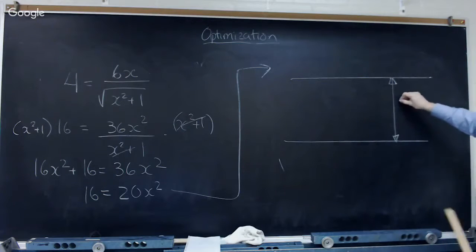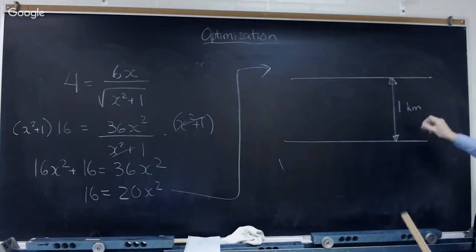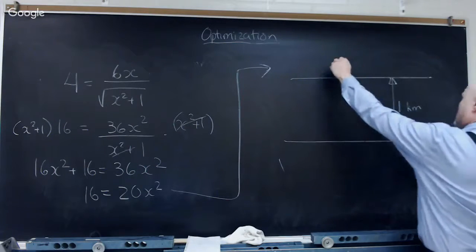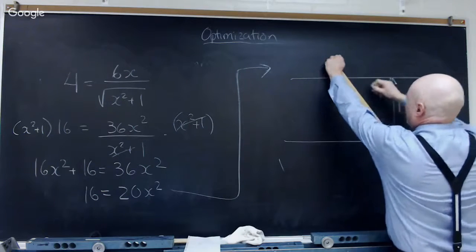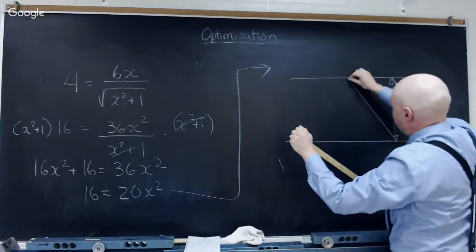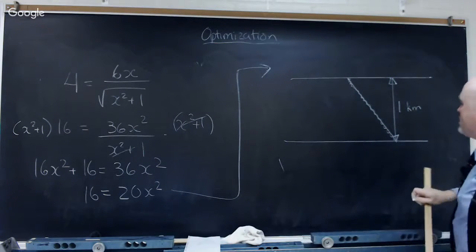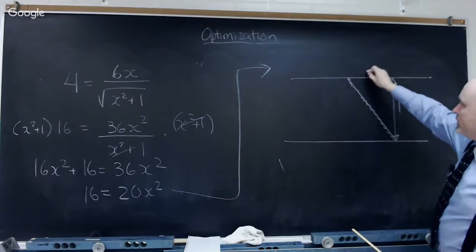Okay. So the river, fortunately, was 1 kilometer wide. And we're going to cut off a corner with our pipeline. And we're headed over here.